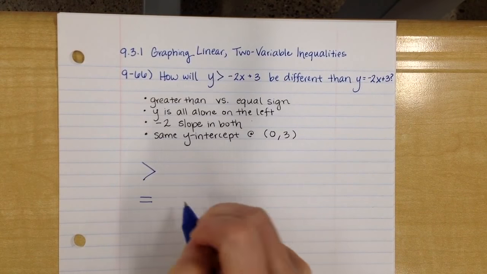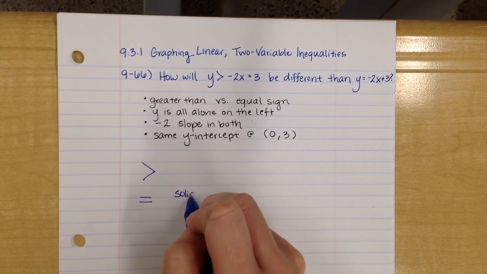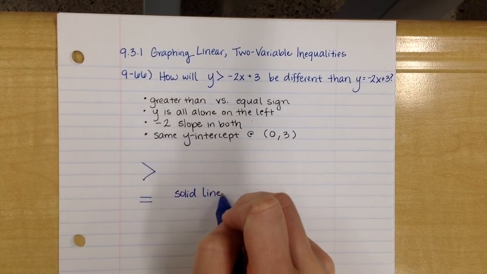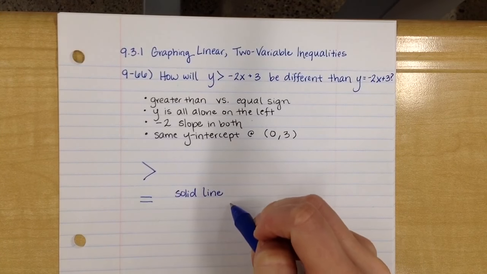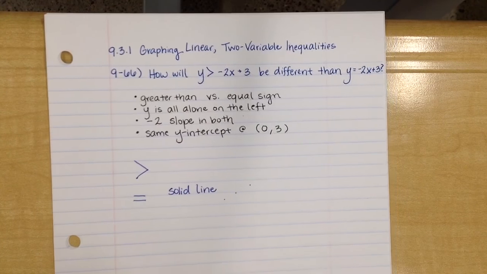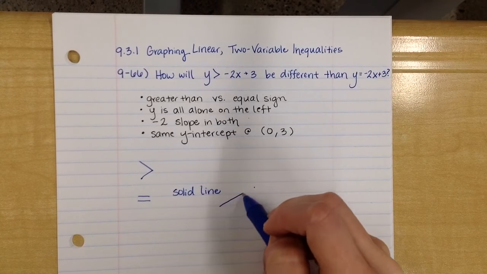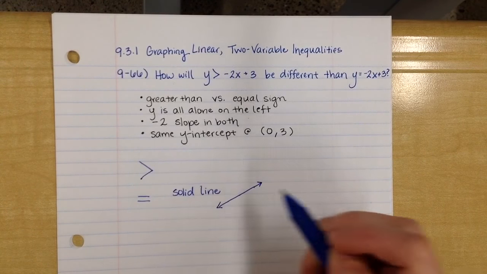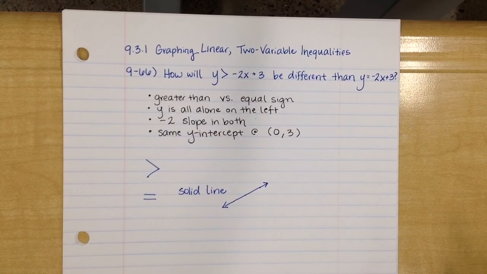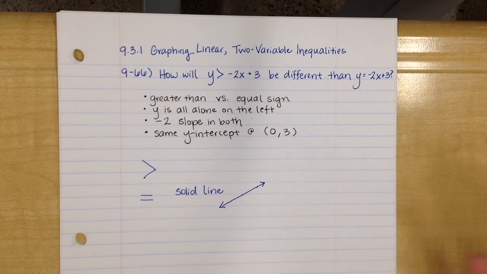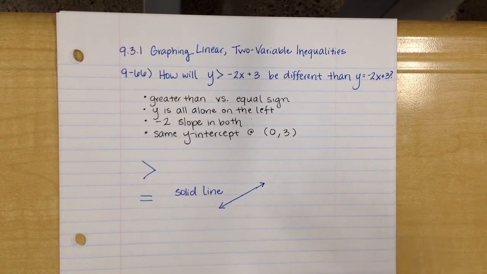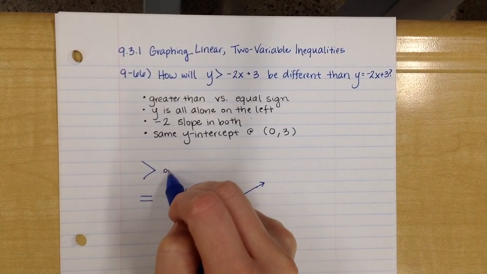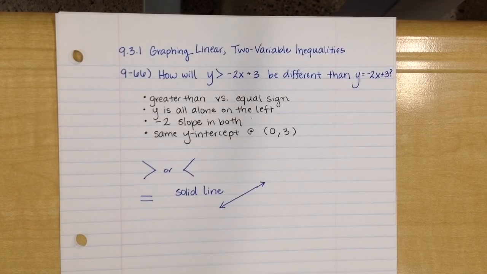The equal sign is always a solid line. We draw our dots that are the coordinates, but then we always connect those dots and draw arrows on both sides. You've probably lost a point or two for not putting those arrows, saying that it continues on to infinity.